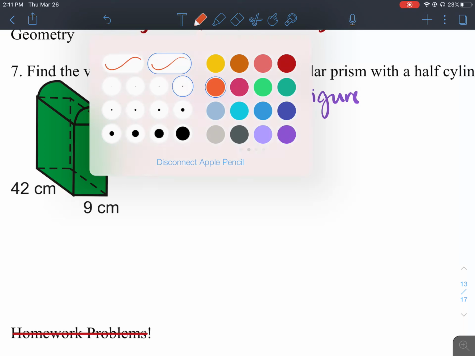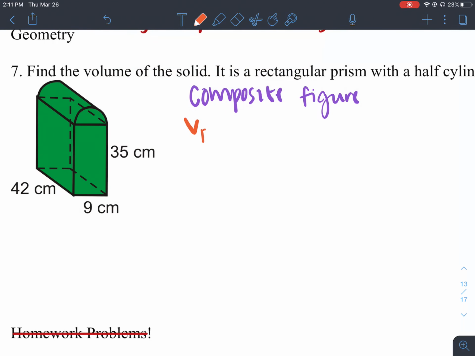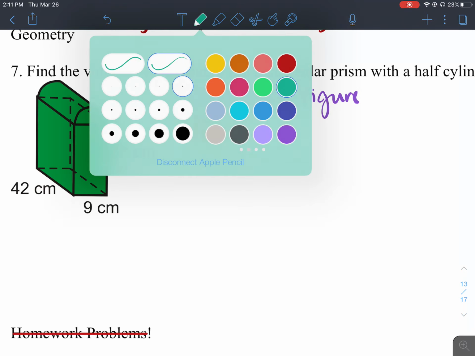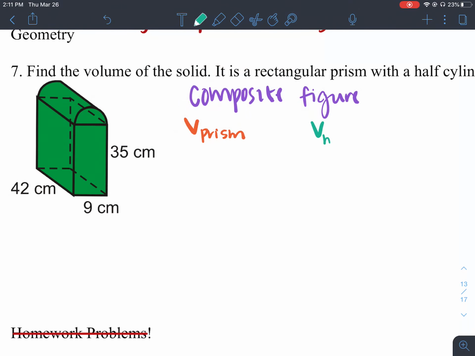So what we're going to do is break this into the volume of my prism and then the volume of the half cylinder. And the way we're going to find the volume of half a cylinder is we're going to find the volume of the full cylinder and then just cut it in half. Okay?